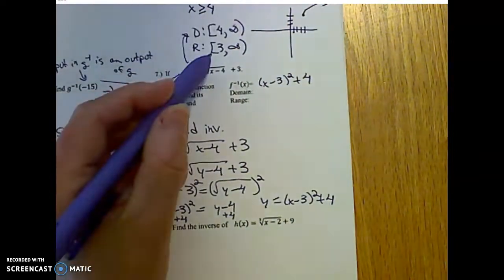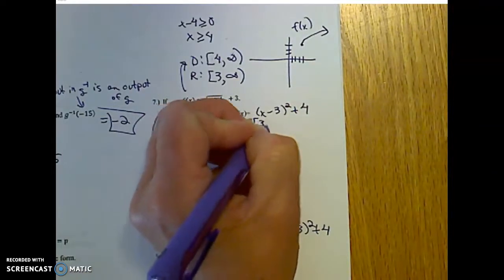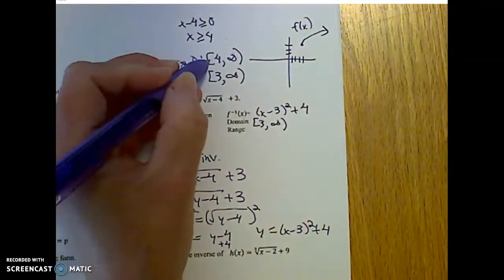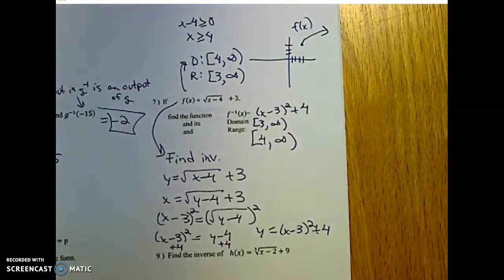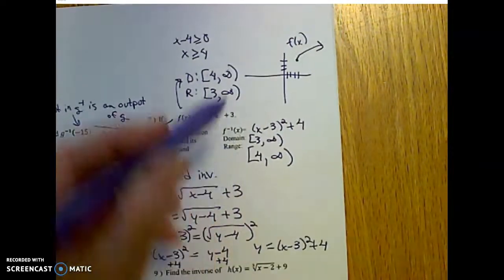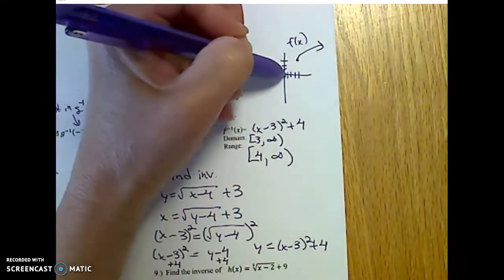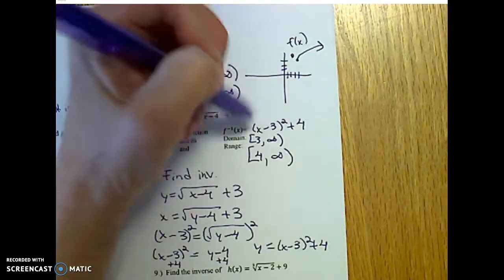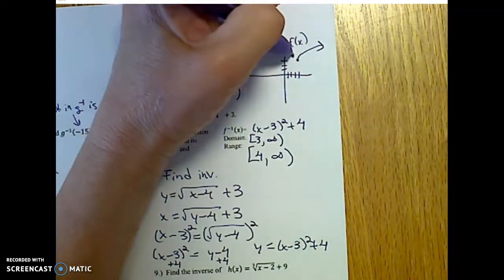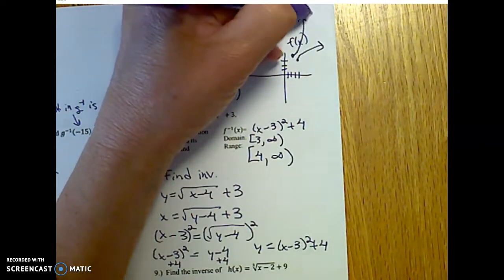But remember, the range of my original function becomes the domain of my inverse, and the domain of my original becomes the range of my inverse. And that's a quadratic, which moves, what is that, to the right 3, 1, 2, 3, up 4, but only from 3 to infinity and a range of 4 to infinity, and there's my f inverse of x.